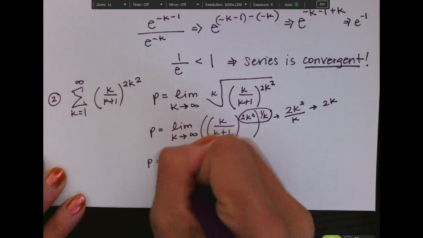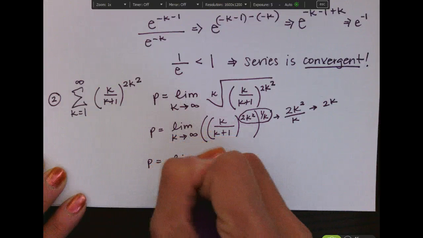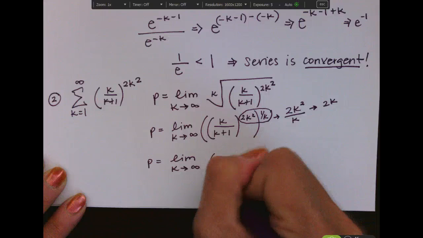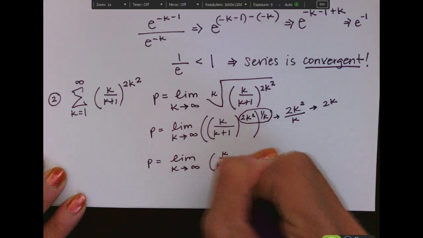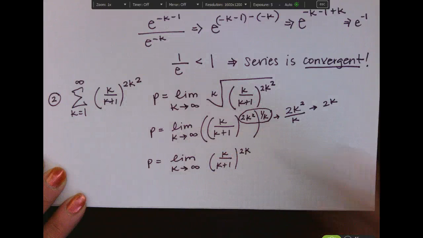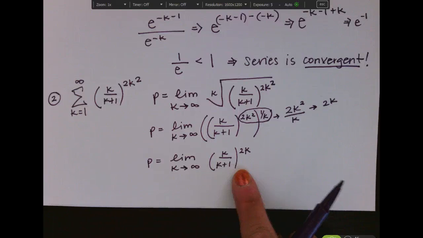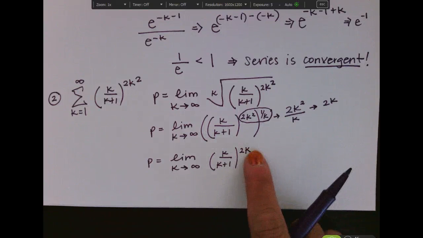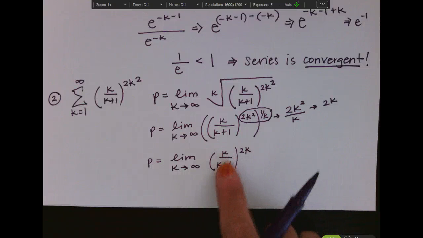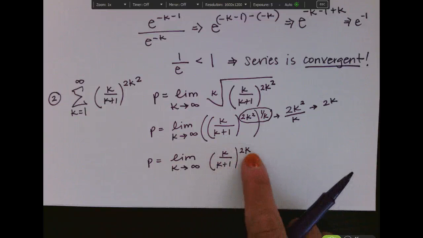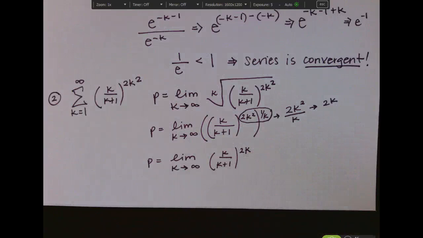So in calculating my p, I'm actually finding the limit as k approaches infinity of k over k plus 1 to the 2k power. Okay, so here's where things get a little bit challenging with this example, because what I end up with is, inside my parentheses, if I were to let k go to infinity, I'd have 1, and then in my exponent I'd have infinity.